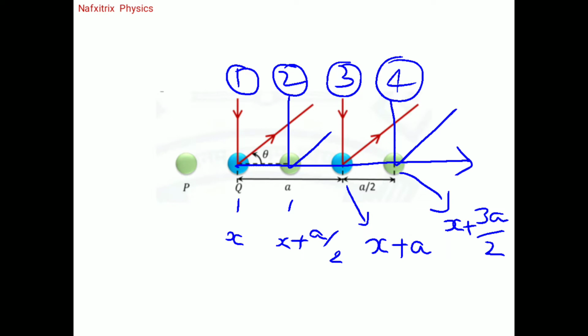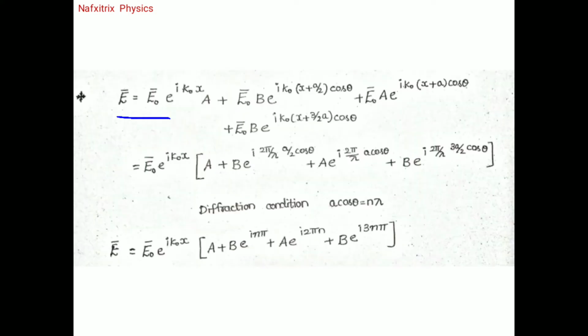So how the scattering would be, the resultant scattered electric field would be like this. This is the scattering produced by the first atom. Here, this is the incident beam, E naught into e power i k dot x, at the x position.